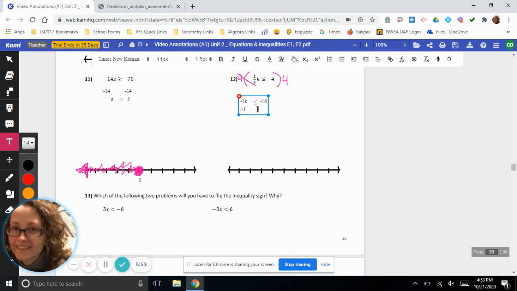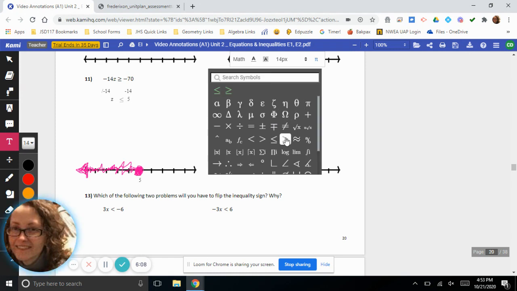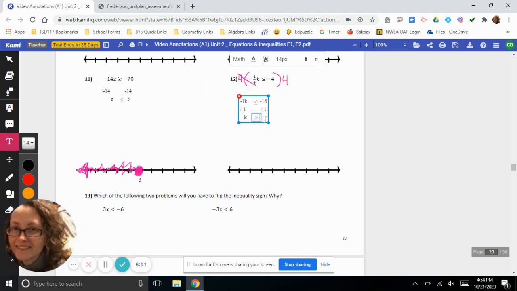And I'm going to do that to both sides. Divide by -1. So then I can get k. Now that I've divided by a negative number, I need to flip my inequality. So instead of a less than or equal to sign, I'm going to have a greater than or equal to sign. And then, so k is going to be greater than or equal to... sorry, I looked at the wrong line, 16. So -16 times -1 gives me a +16.